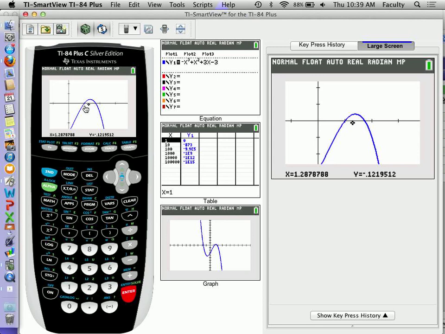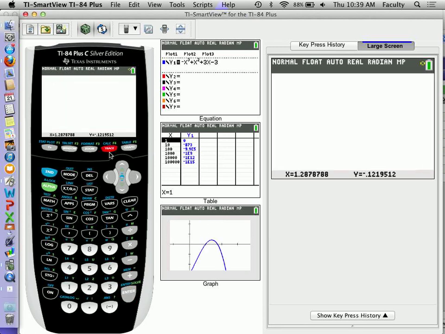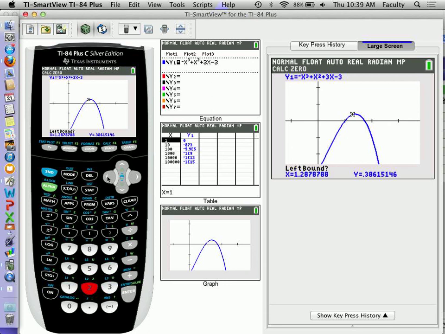Let's get the one on the left here. So you press second trace, number 2, and it says get the left bound, get the right bound. Now I'm just getting to the right of that one x-intercept. Oh, that's 1, 0. Okay, now go get the third one.